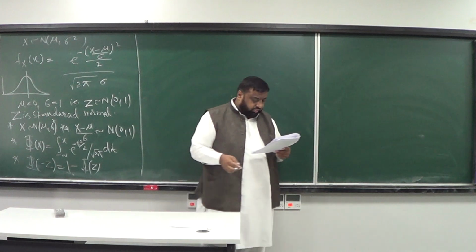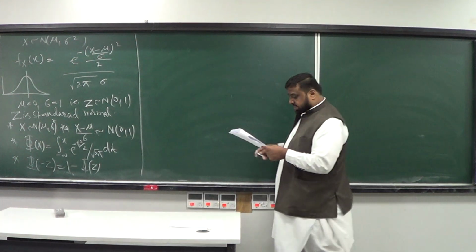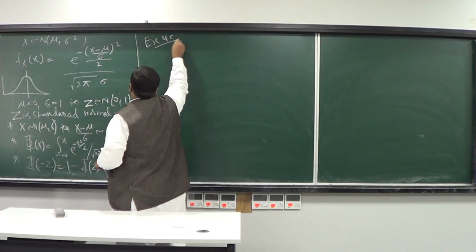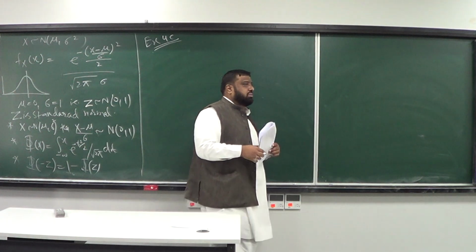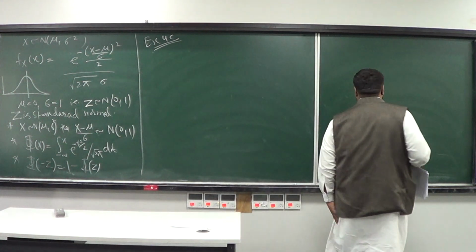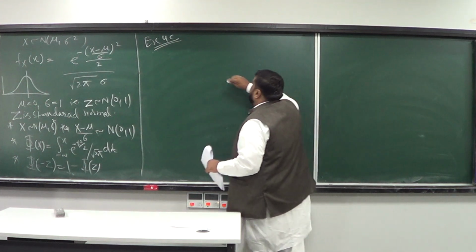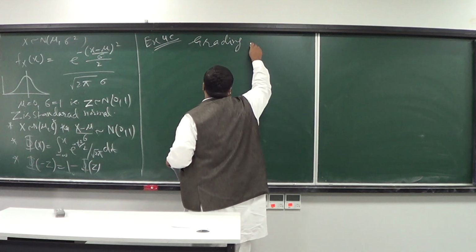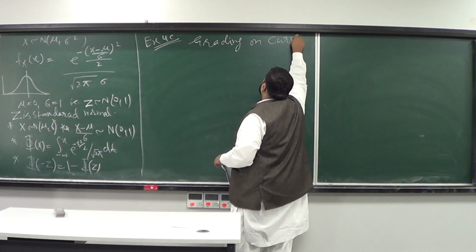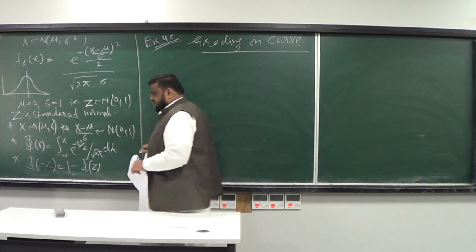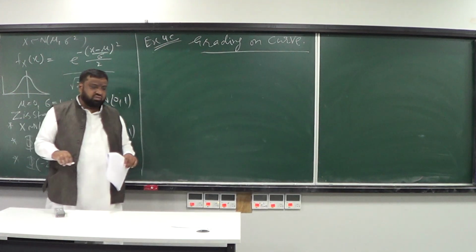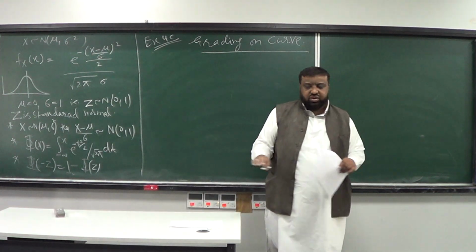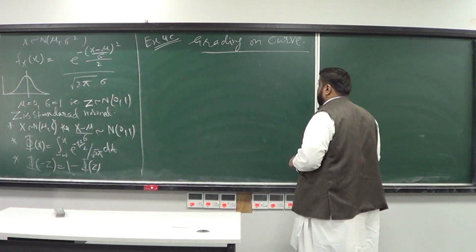Okay, so here is the first example that I would like to do. This is an example from Sheldon Ross, A First Course in Probability. This example is about so-called grading on the curve. It's a technique that you usually use when you are trying to do relative grading.